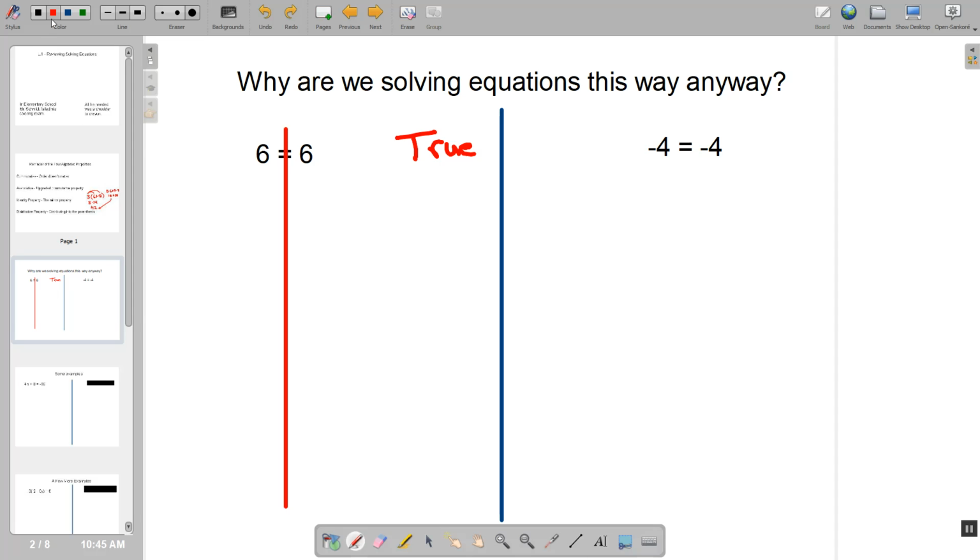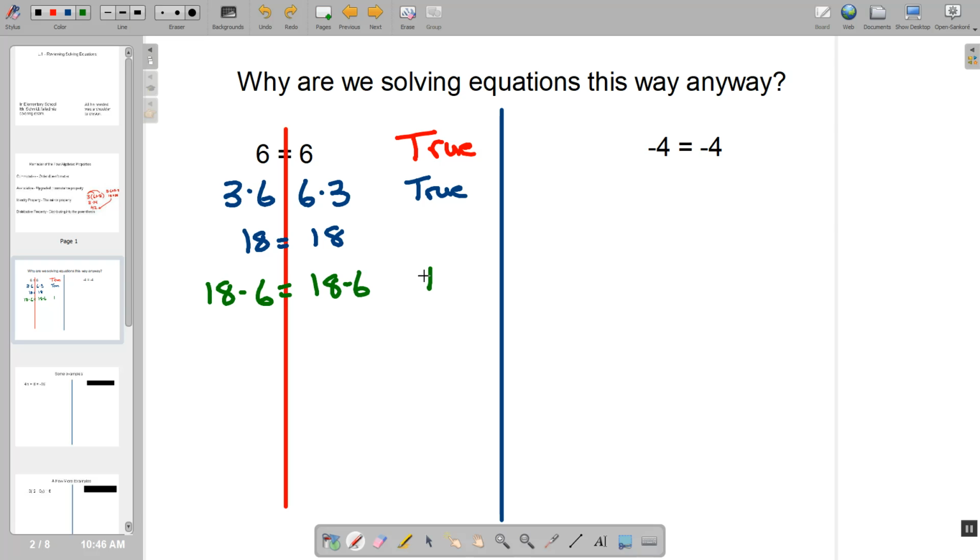If I do something to one side of the equation, let's say I multiply by 3, as long as I multiply by 3 to the opposite side of the equation, this is still true, because now I have 18 equals 18. If I subtract, let's say 6 from both sides of the equation, that is still a true statement.